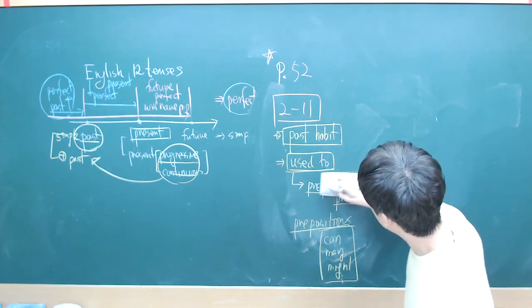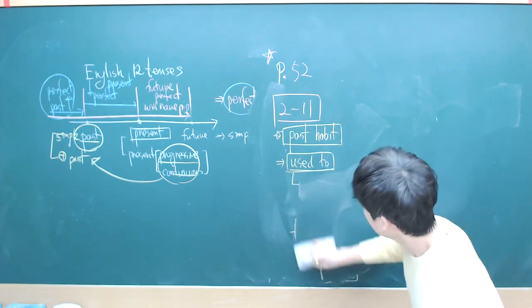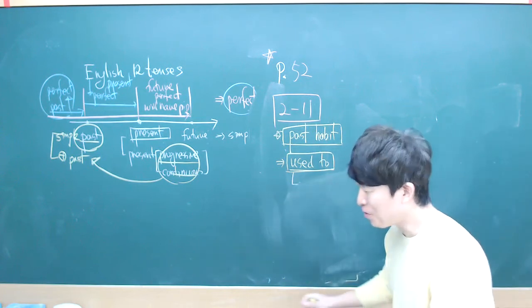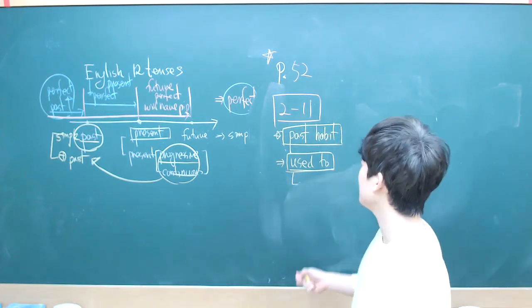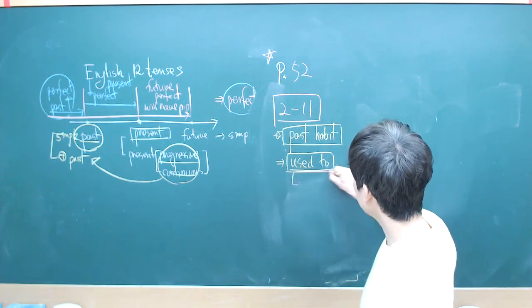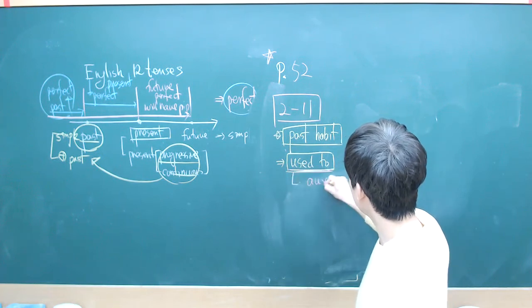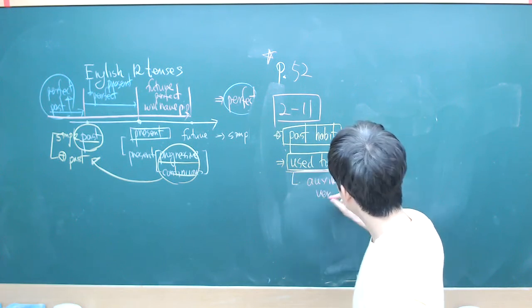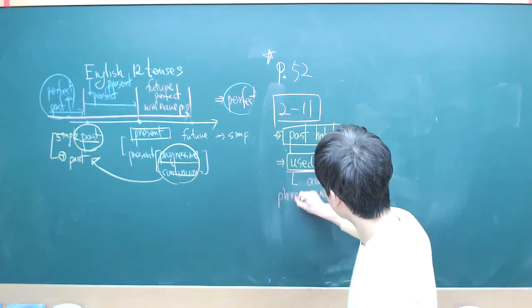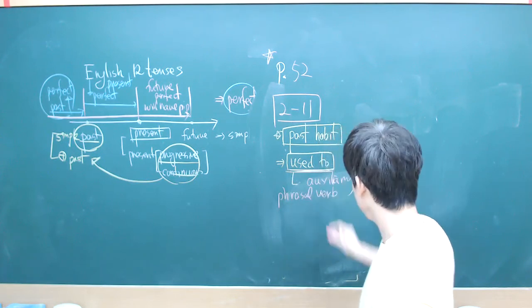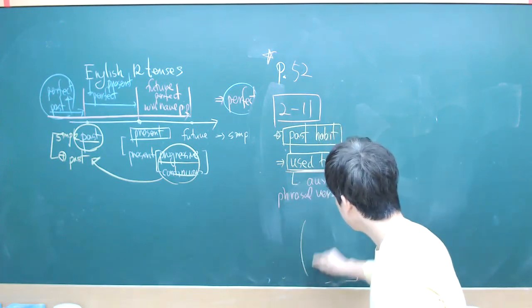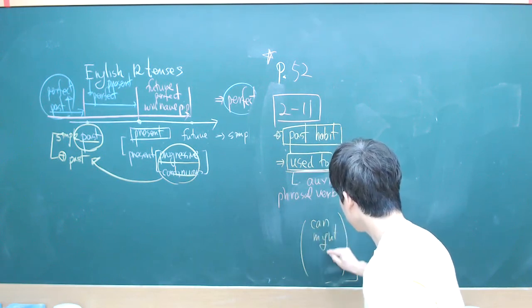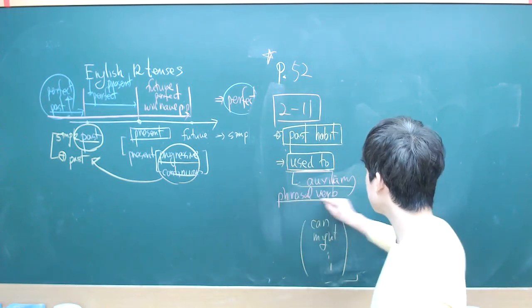Oh, I'm really sorry. I was talking about wholly different things. Used to is an auxiliary phrasal verb. So these are auxiliary phrasal verbs.